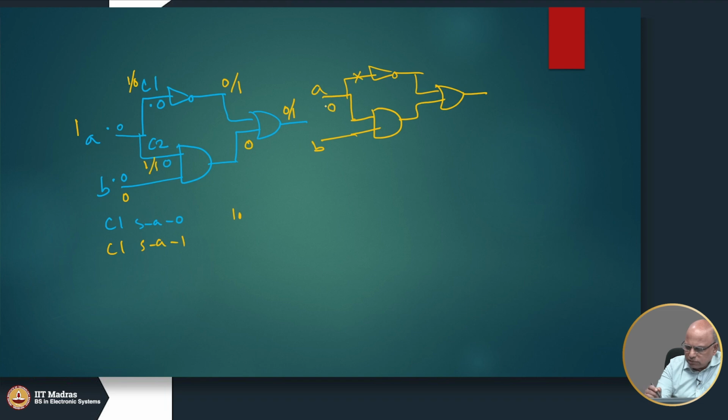To activate it we have to give a 0 here and that will cause a 1 here, a 0 here and 0 comes here. So, this is x. Okay. And a good circuit will produce a 1. So, this is 0x. So, either 0 0 or 0 1 will catch.